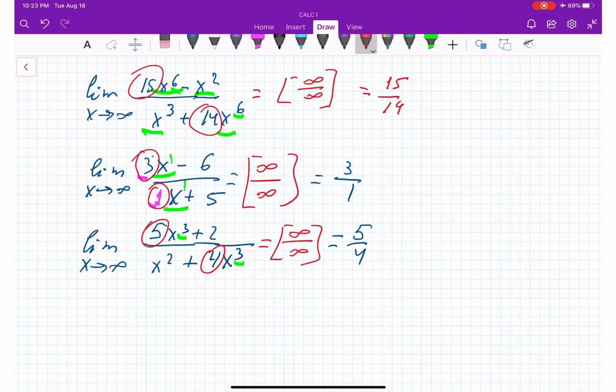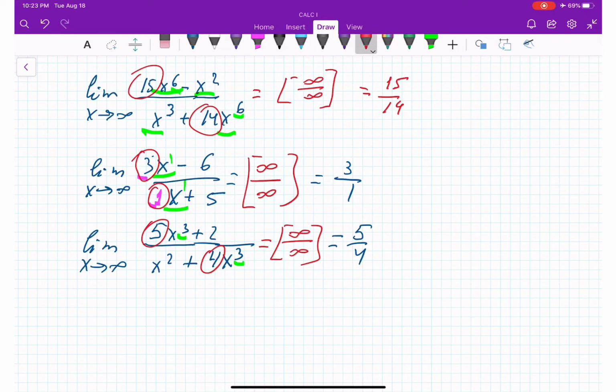Okay, so what are we going to remember, summarize from this case. When you have the case infinity over infinity, you plug in infinity and confirm that you are getting the combination infinity over infinity.